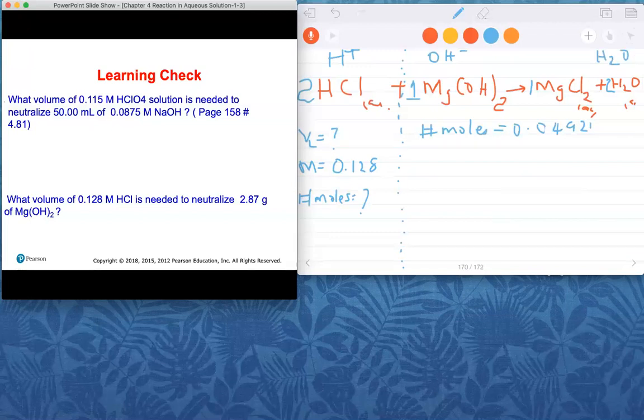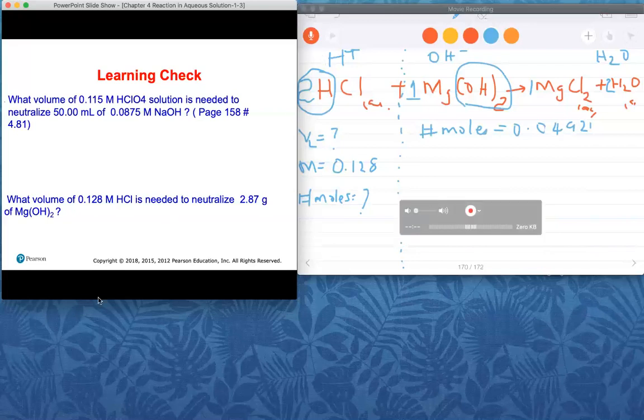So for every 2 hydroxide that react, 2 hydrogen ions are consumed. So even though there is 1 in front of magnesium hydroxide, the mole ratio is like 1:1, because for every 1 magnesium hydroxide dissolved or consumed in the balanced equation, 2 hydroxide are produced, which will react with the 2 hydrogens.